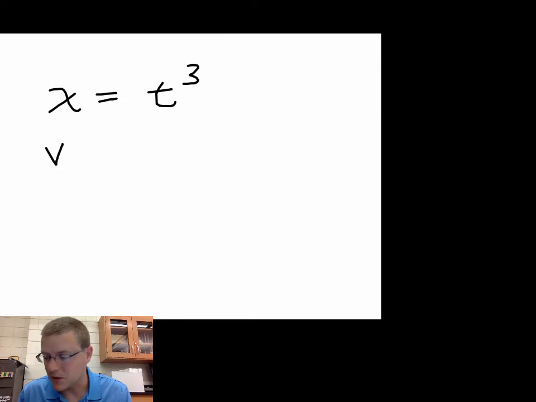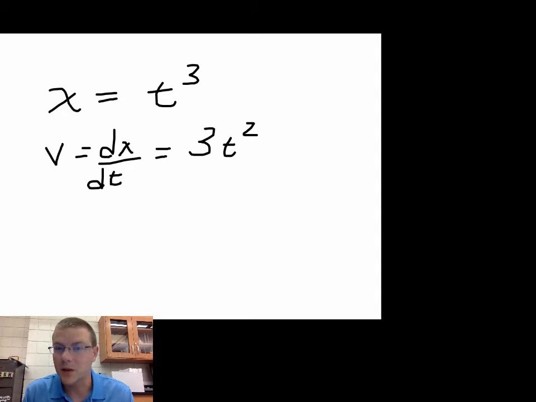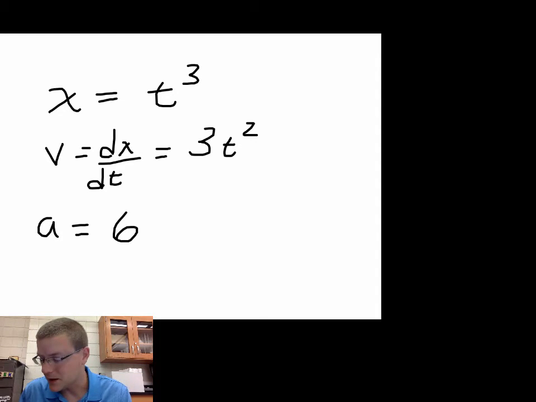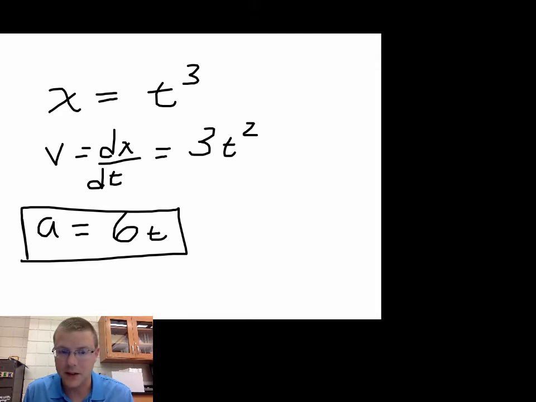Knowing the derivative of x with respect to time, so my velocity would be 3t squared, the acceleration would end up giving me 6t. So that is not a steady acceleration. That is an acceleration that is increasing as time goes on.